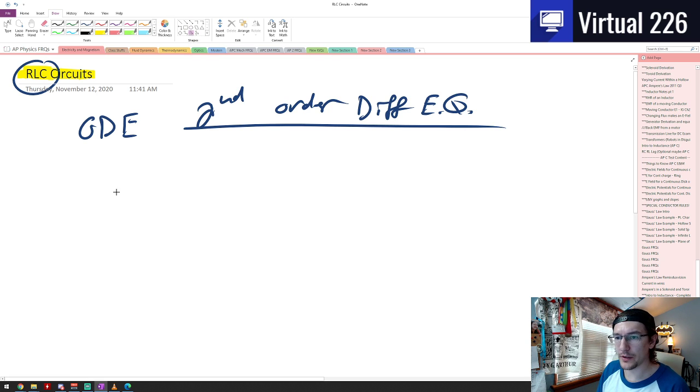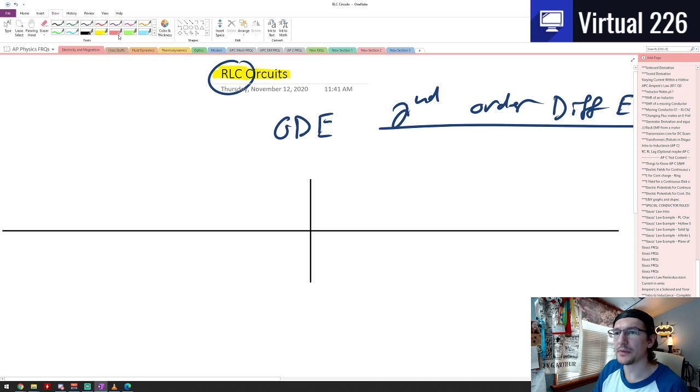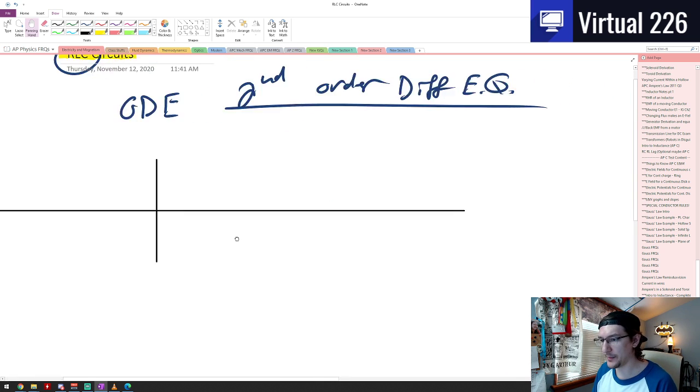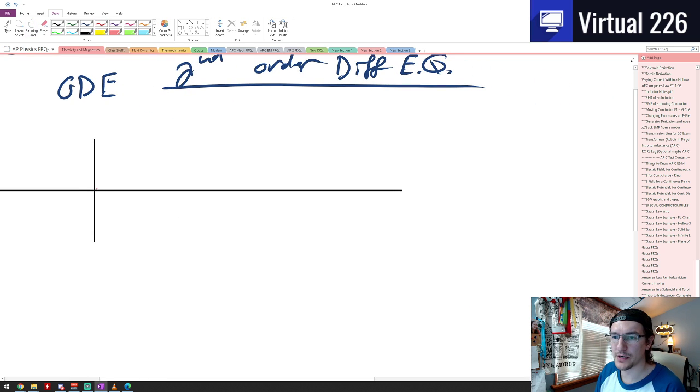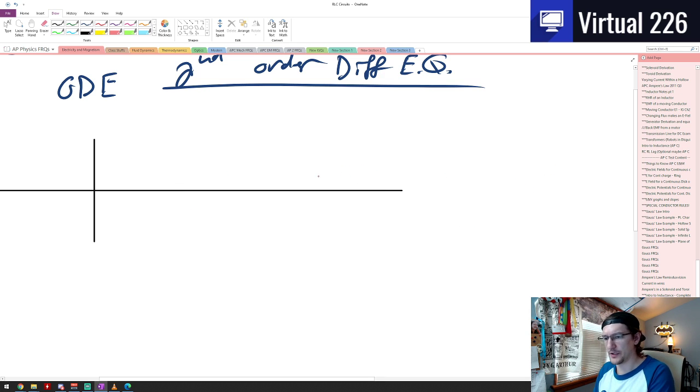We know that our LC circuit is going to create for us a harmonic oscillator. And when this circuit is going here, the circuit is going to oscillate in a nice sinusoidal pattern, okay? Nice sinusoidal pattern.